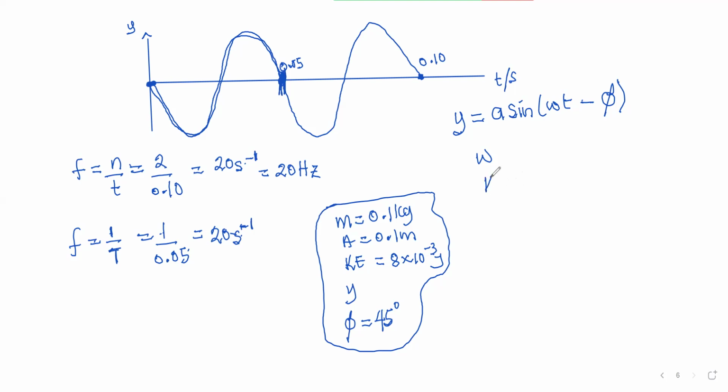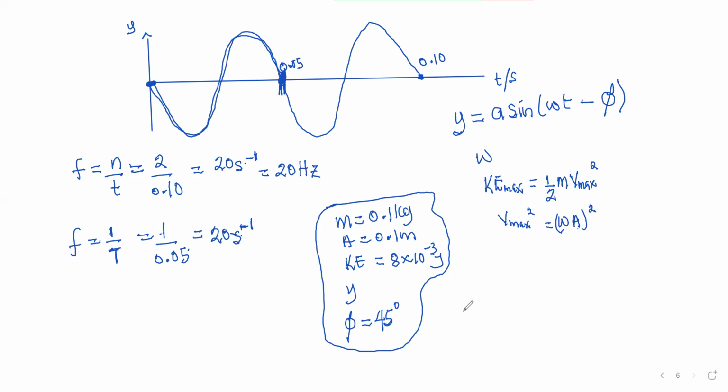We are given the maximum kinetic energy. This kinetic energy is at the origin, so it's maximum. Maximum kinetic energy is equal to half m times V maximum squared, and V maximum is omega times the amplitude.